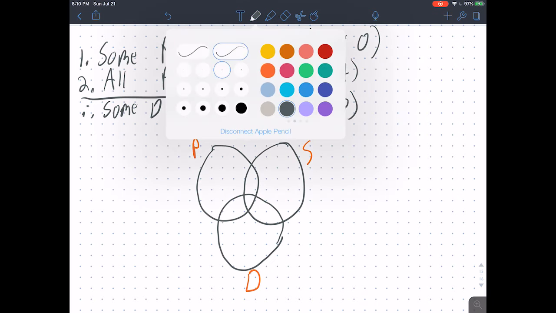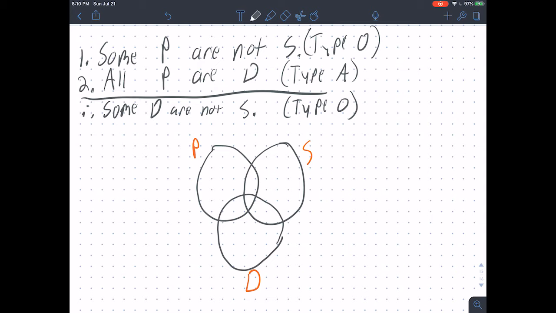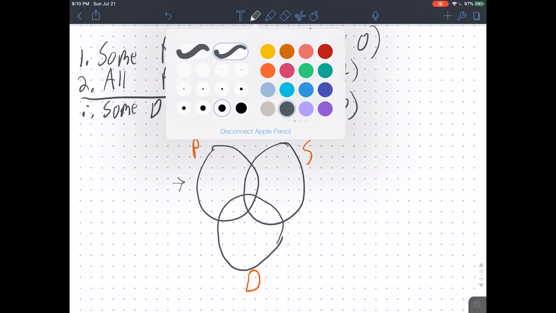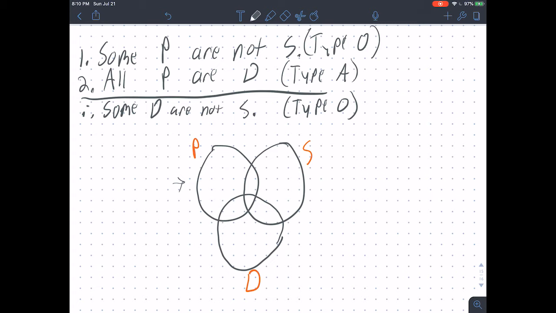Okay, all P are D. So here's the P circle. If all P are D, that means that we're going to shade in everywhere in the P circle that is not also in the D circle. Like so. So all P are D.